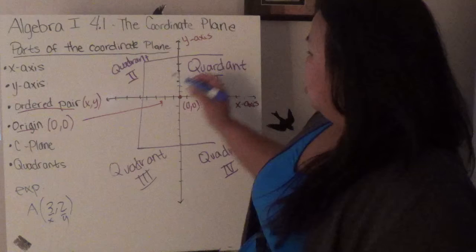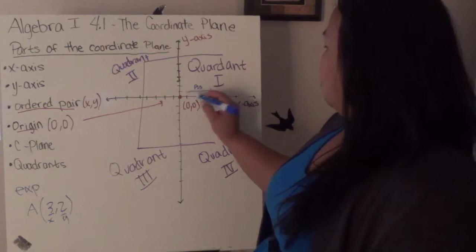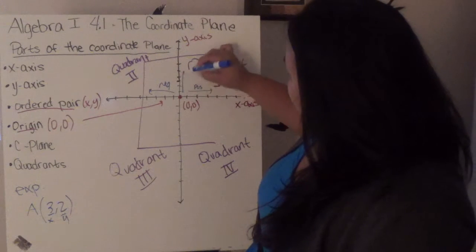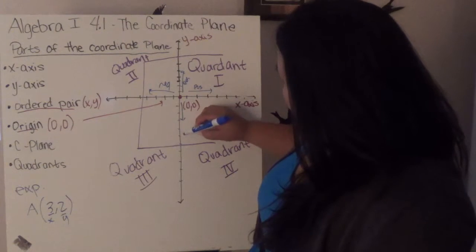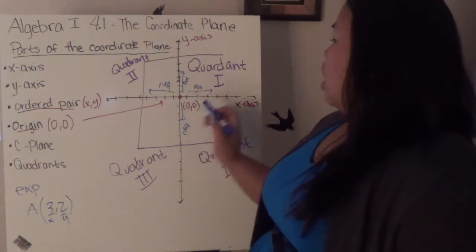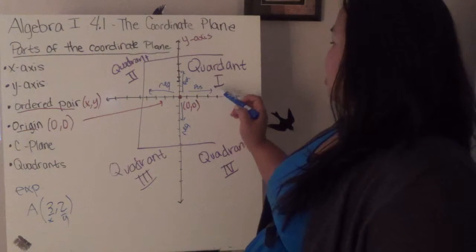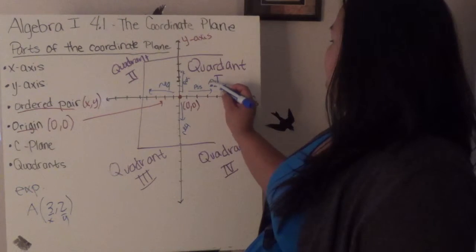This is the positives, and this is the negatives. Up is positive, and down is negative. So I would go positive 3, 1, 2, 3, and positive 2. This would be A.